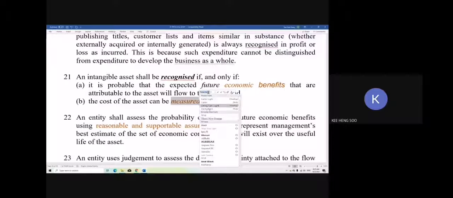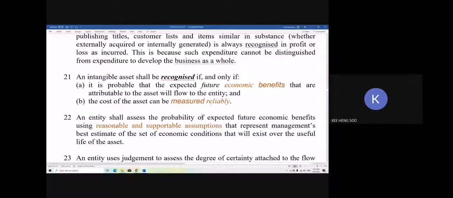Not only measure, but measure reliably. The entity shall assess the probability of the expected future economic benefit using reasonable and supportable assumptions. I must assume the going concern carries on. Paragraph 22: one of the assumptions used is going concern. My business will carry on for a foreseeable future period. That's why I will pay for the asset and it will be used for another 3 to 5 years or 8 years.